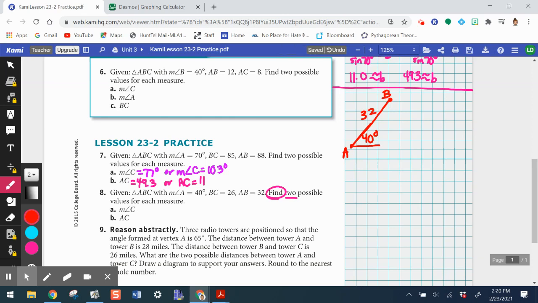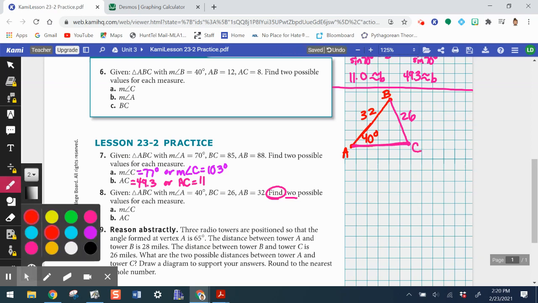And if BC is 26, just like we saw in the previous problem, and just like we saw in the lesson, there are actually 2 choices, 2 ways we could draw BC so that the length of BC is 26. So we could either draw it such that it creates an acute triangle, again, along the path that A was on, along that ray, all the way to C.